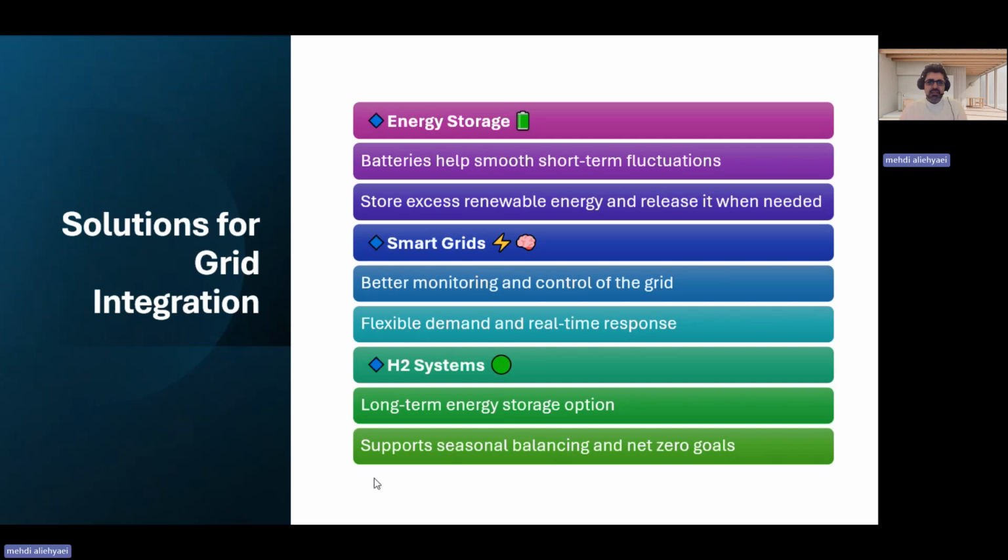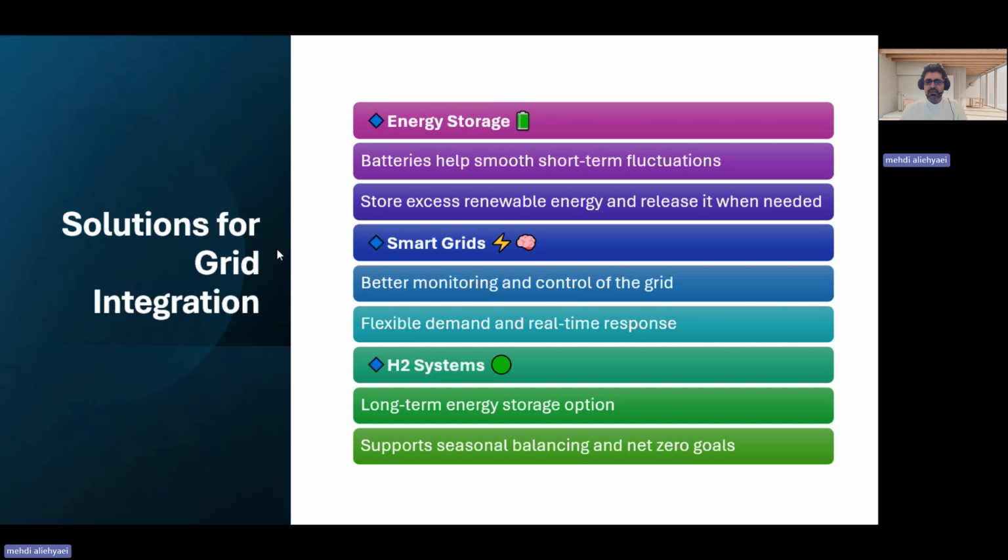So we have in this slide the solution for the grid integration. As shown on this slide, integrating large shares of renewable energy into the power system requires a high level of flexibility. The first one that we need, the energy storage system, plays a crucial role by smoothing short-term fluctuations and maintaining real-time balance between supply and demand.